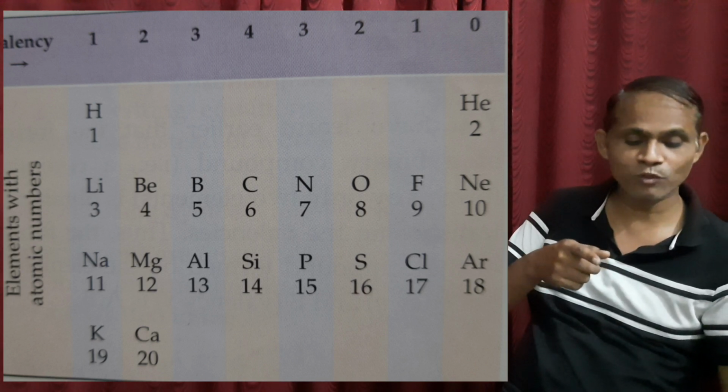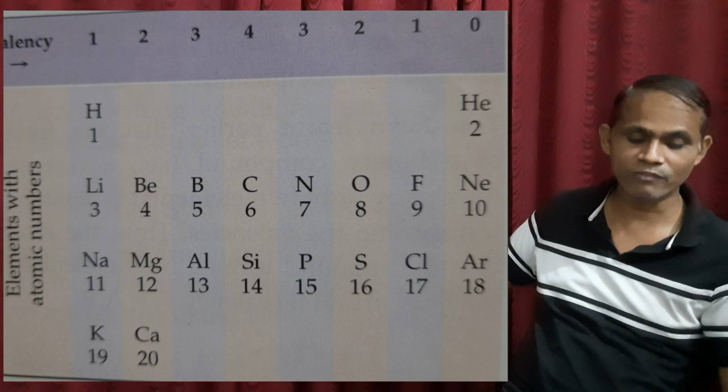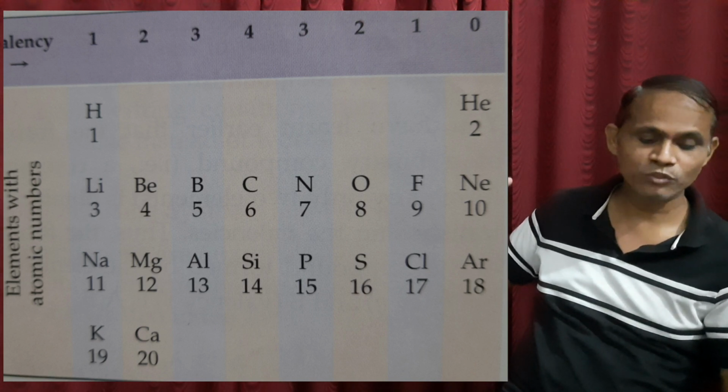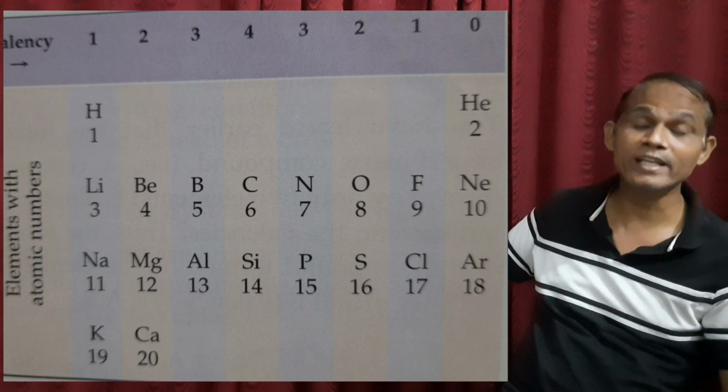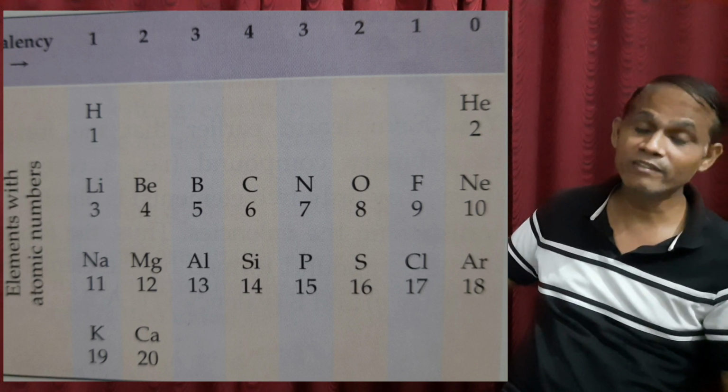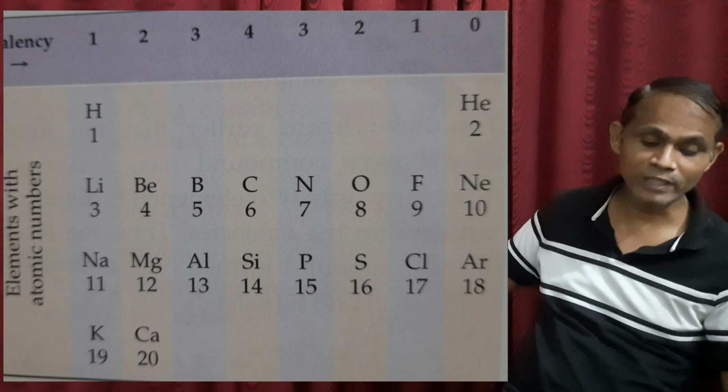But if you move from lithium, beryllium, boron, carbon, nitrogen, oxygen, fluorine, you will see lithium valency is 1, then beryllium valency is 2, boron valency is 3, carbon valency is 4, and then nitrogen valency is 3. It is decreasing: 3, then oxygen is 2, fluorine is 1 and neon is 0.